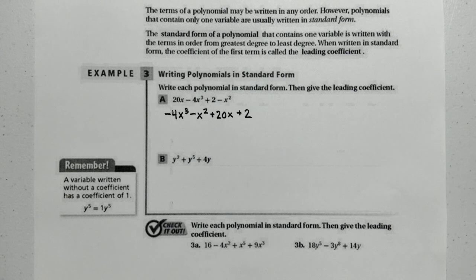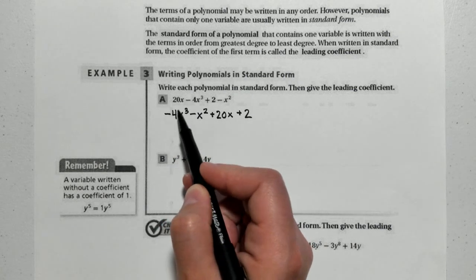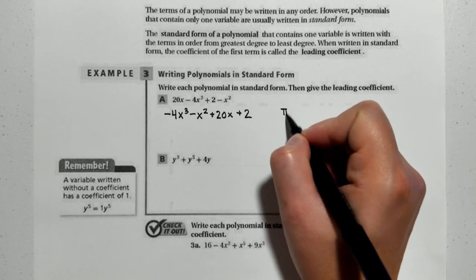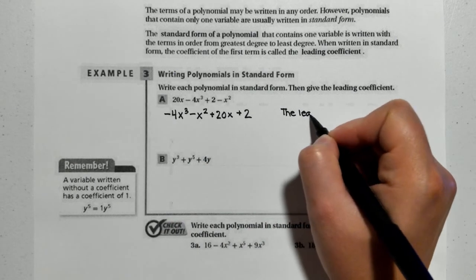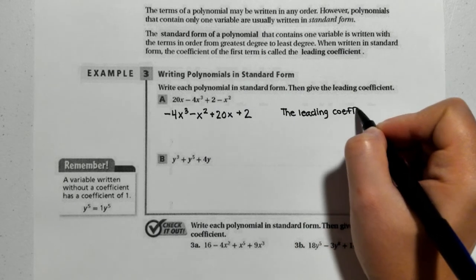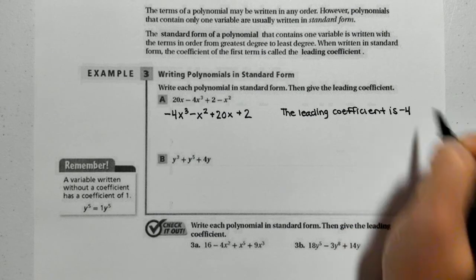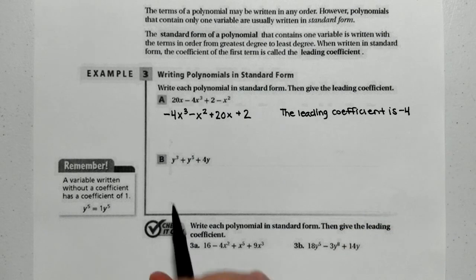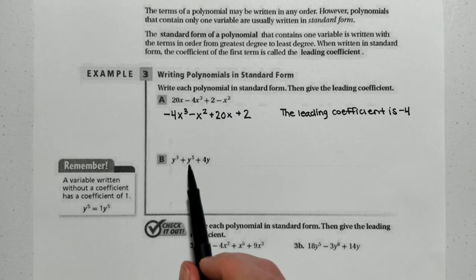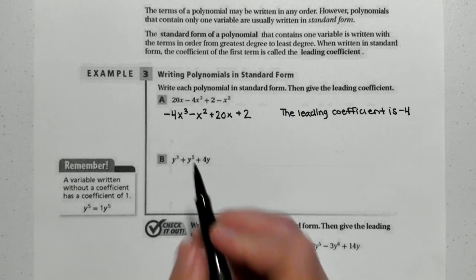And then the leading coefficient is the coefficient of the first term, which is negative 4. B, I have y cubed plus y to the fifth plus 4y. The biggest exponent is y to the fifth.